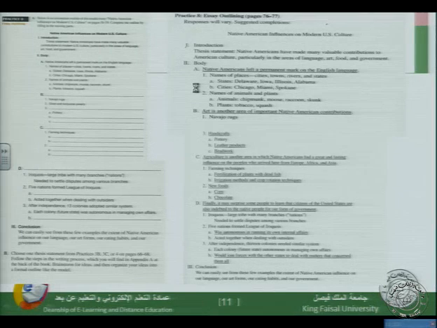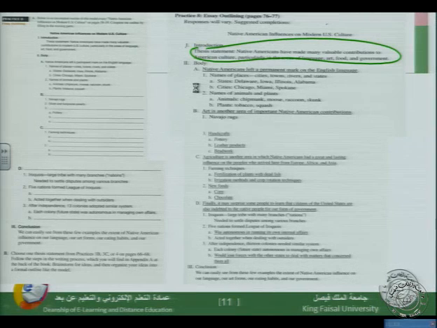So if you look, this is the thesis statement. In the body paragraph, you need to mention something about the language. So you put it right here as a topic sentence: Native Americans left a permanent mark on the English language, and then you mention names of places, names of animals and plants.